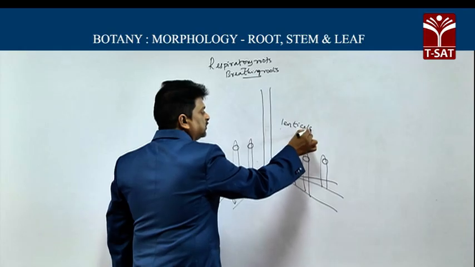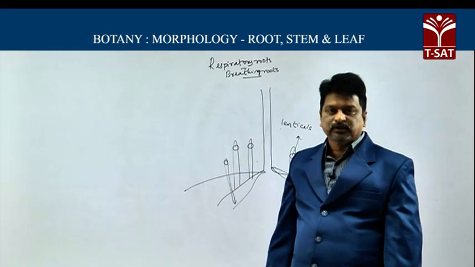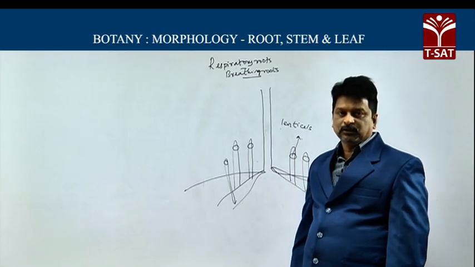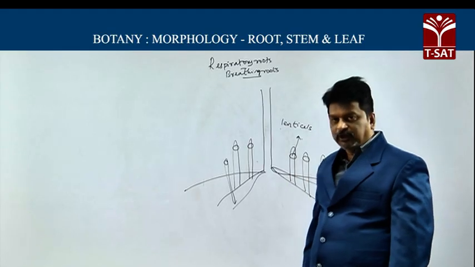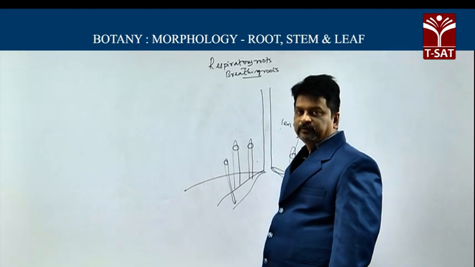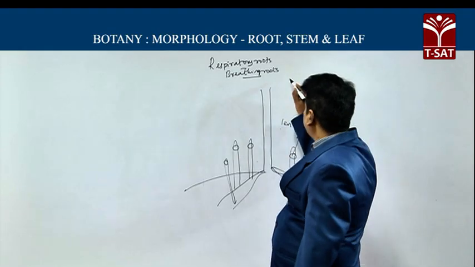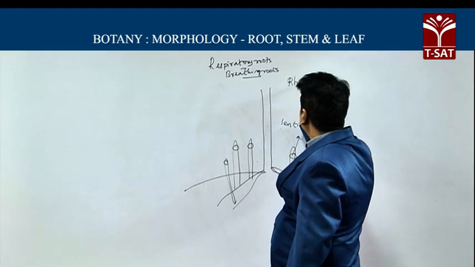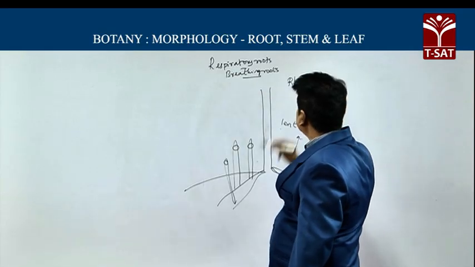Through these lenticels, respiration takes place. So these are called respiratory roots, common in mangroves. Examples for respiratory roots, Avicennia and Rhizophora.